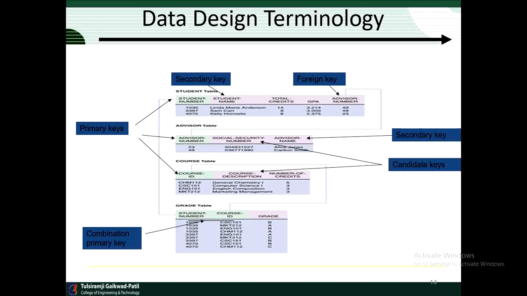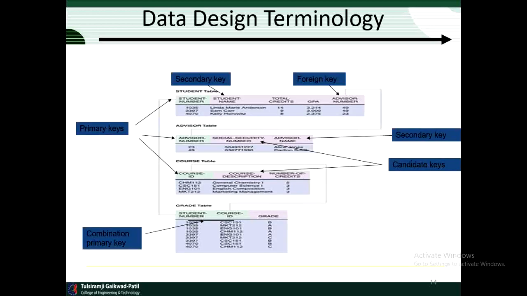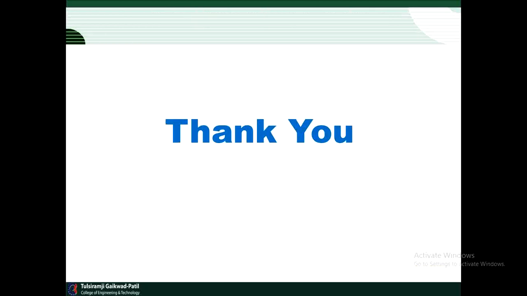The attributes of the table are nothing but the keys, represented as primary key, secondary key, foreign key, candidate key, and combination of primary keys. So this is all about the design terminology, data model, and keys, tables, fields of the database management system. Thank you very much.